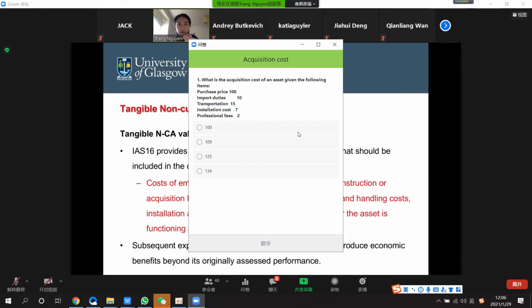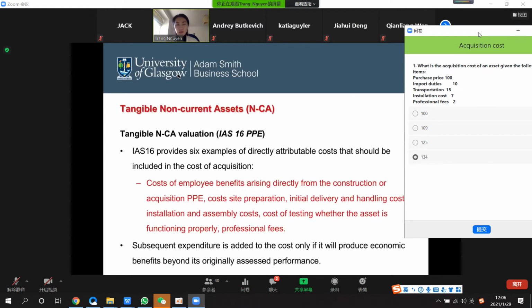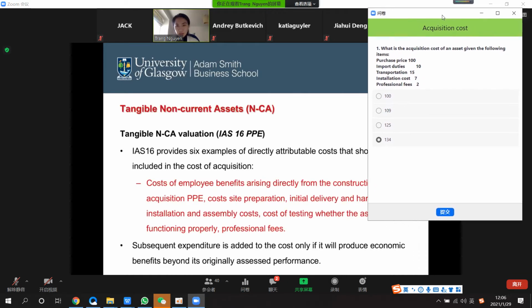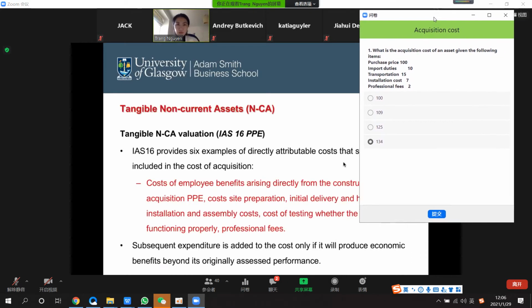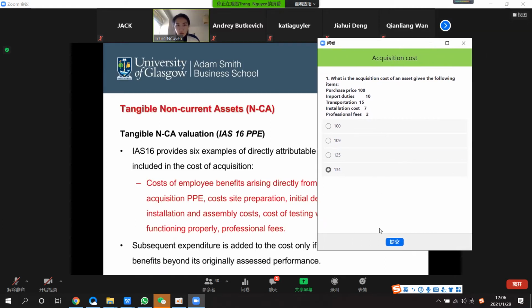Based on this, we have all costs available to bring PPE, property, and plant available to use, and have a look at the examples, whether we will include purchase price. It's so obvious, right?